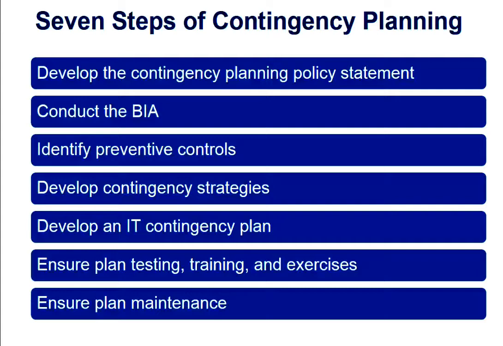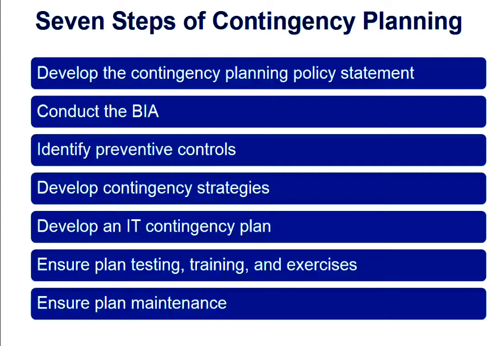So, as we see on the screen here, the 7 steps of contingency planning. I know they're listed 1 through 7, but some of these can be interchangeable and work simultaneously as you're working through the process.